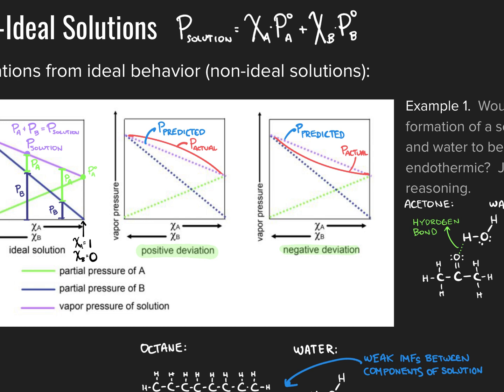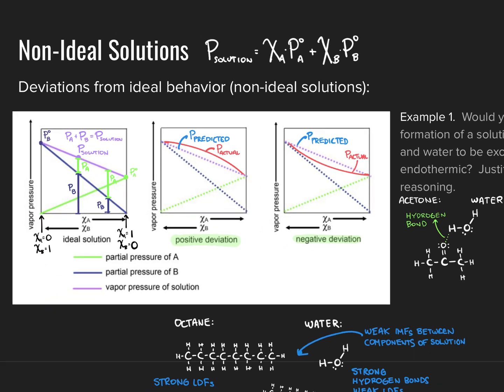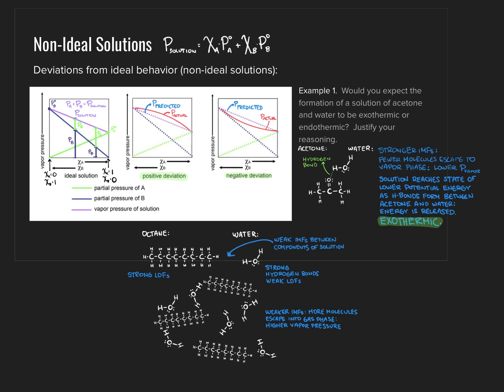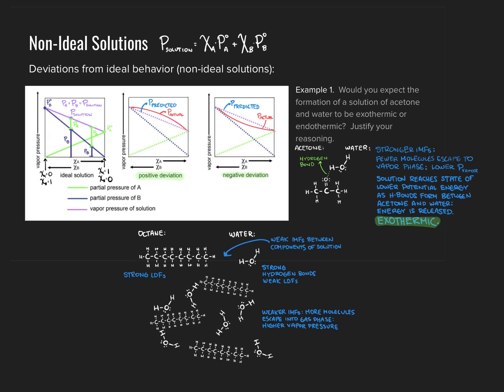So, in summary, in a system in which the components of the mixture are more strongly attracted to each other than the components are to themselves via IMFs, that would imply a negative deviation from ideal behavior and a lower vapor pressure of the solution overall than would be expected by Raoult's law.